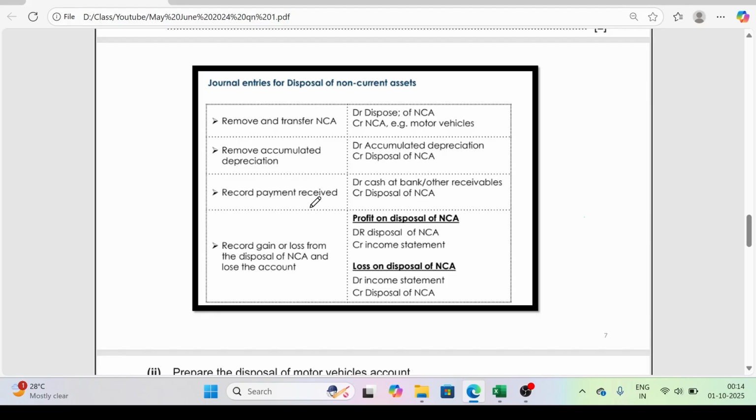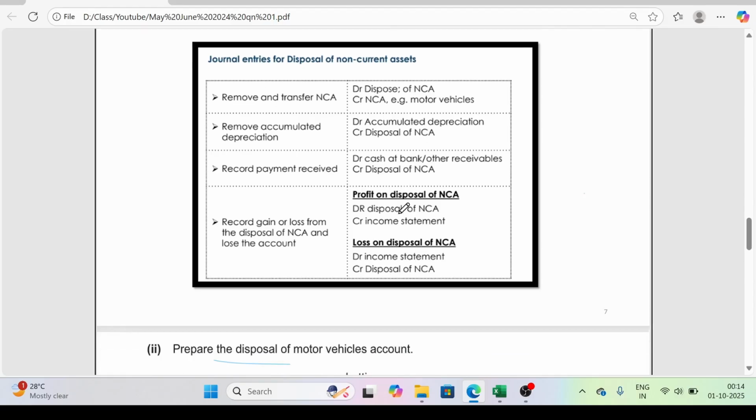Then recording payment received: cash or bank will be debited, credit disposals of non-current asset. Then record gain or loss from the disposal of non-current asset in the income statement. On profit on disposal, debit disposal of non-current asset, credit income statement. If it is a loss, income statement will be debited, credit disposal of non-current asset. Okay. So if you are aware of these journal entries, then you can easily do the disposal account.